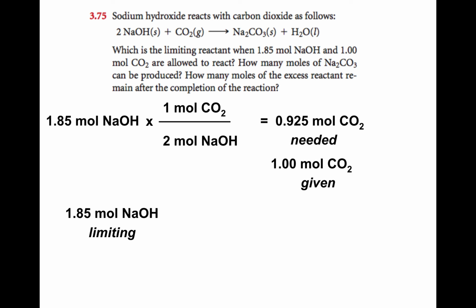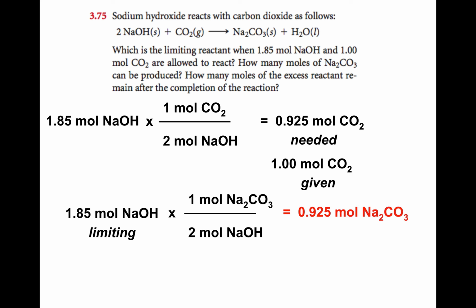All right, now that we know what the limiting reactant is, how many moles of sodium carbonate are produced? How many moles of excess remain unreacted at the end of the reaction? All right, so go from moles of the limiting reactant to moles of the product you're interested in by using the coefficients.